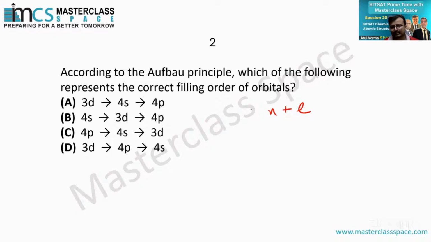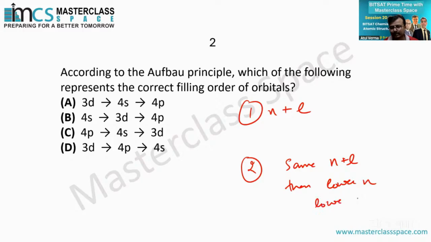If two orbitals have the same n plus l value, then lower n, right? Lower n means lower energy. So this thing we will use, okay? And you can, of course, try to understand it correctly. So if you see 4s and 3d, okay, and 4p.